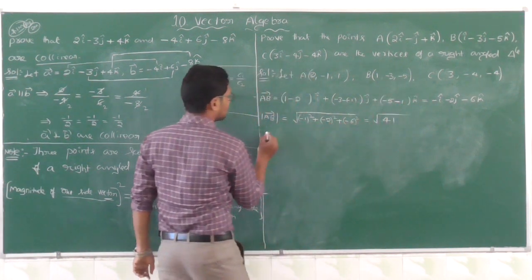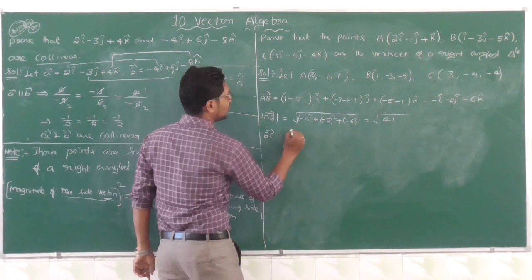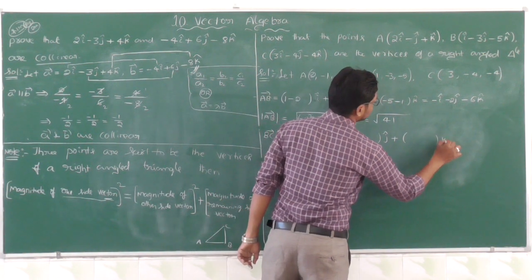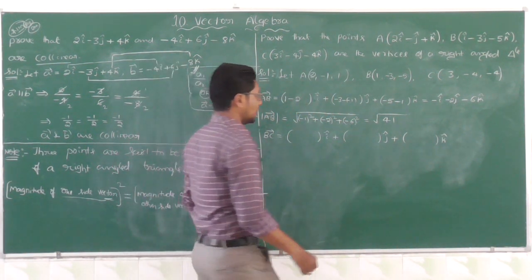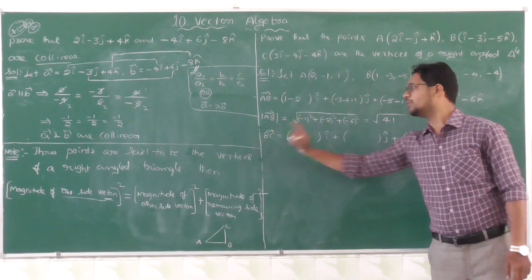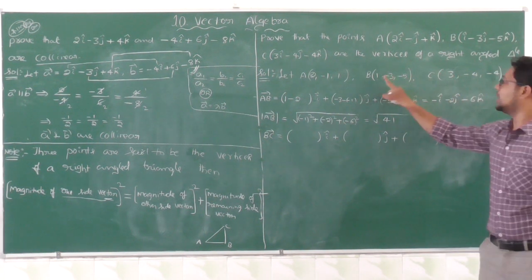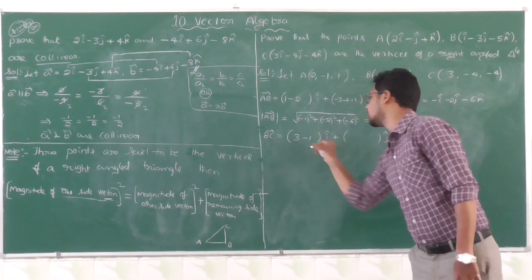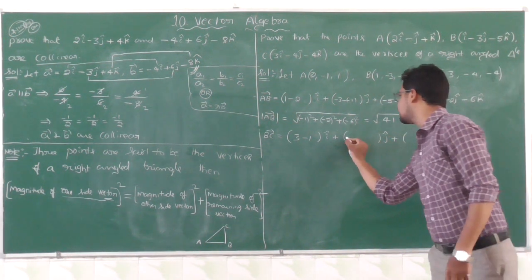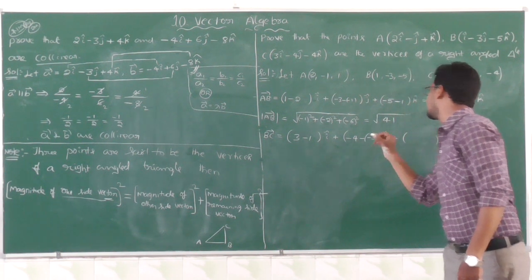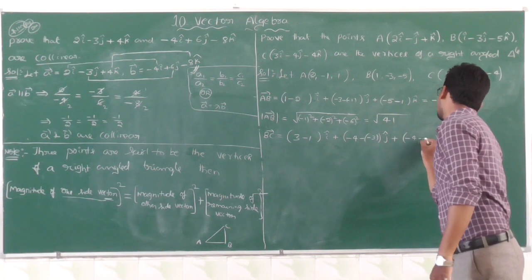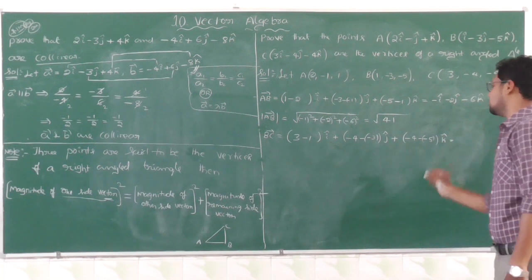BC vector equals vector joining two points B and C: 3 minus 1, minus 4 minus of minus 3, minus 4 minus of minus 5.